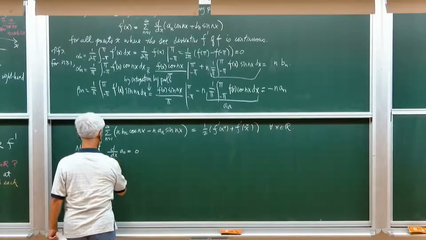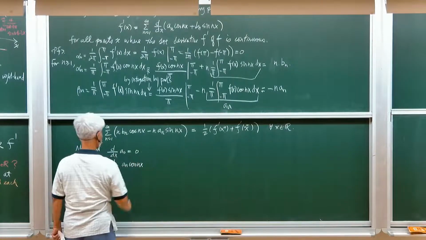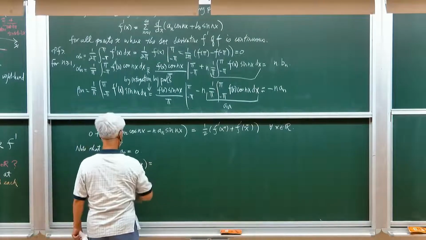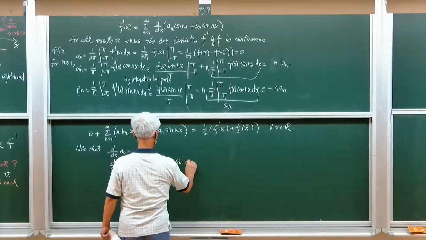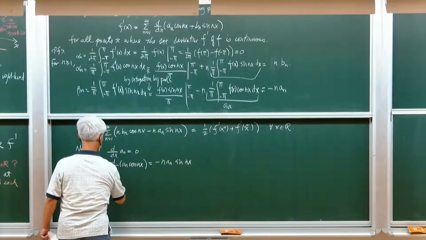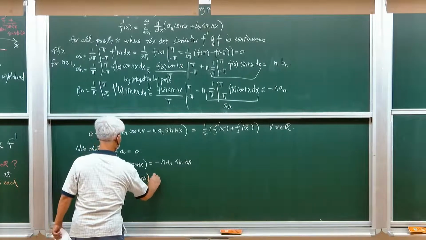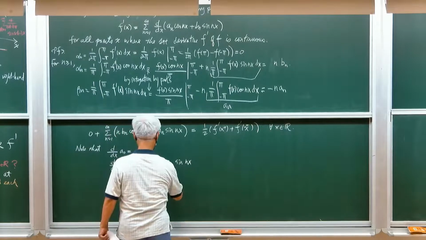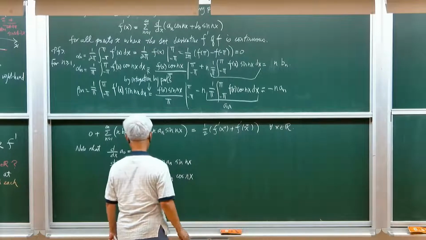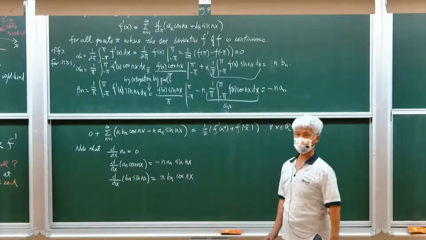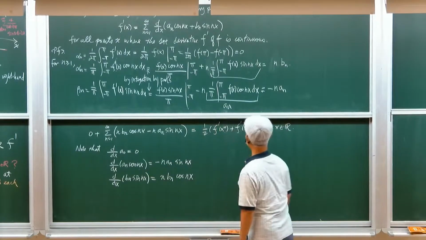Okay, and the derivative of an cosine nx is equal to minus n an sine nx, and the derivative of bn sine nx is equal to n bn cosine nx. Okay, so that is from the derivative of sinusoidal function.